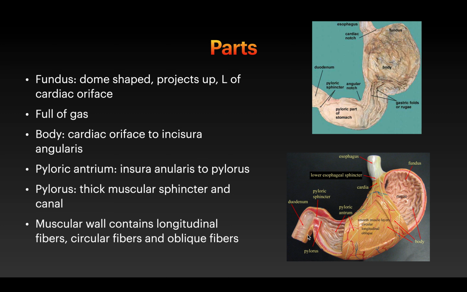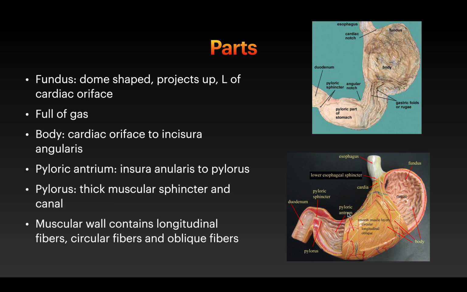The pyloric antrum is going to be from the incisura angularis to the pylorus itself. And the pylorus is going to be a thick muscular sphincter and a very narrow canal. The muscular wall will contain longitudinal fibers, circular fibers, and oblique fibers. So this is a pretty strong sphincter.